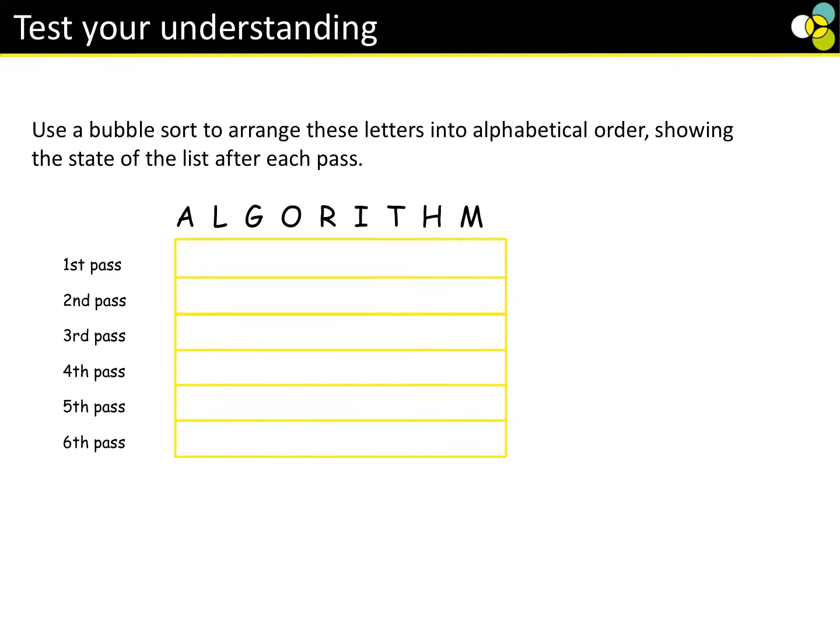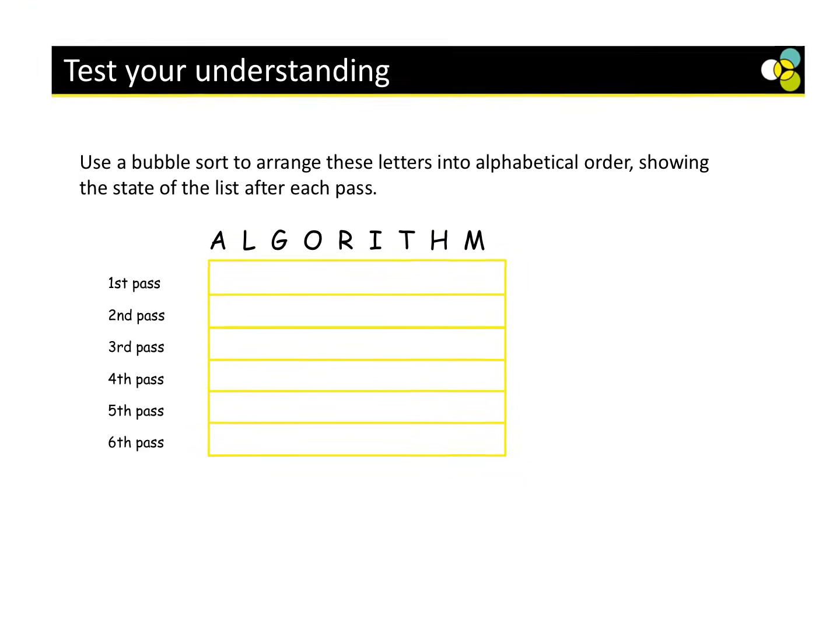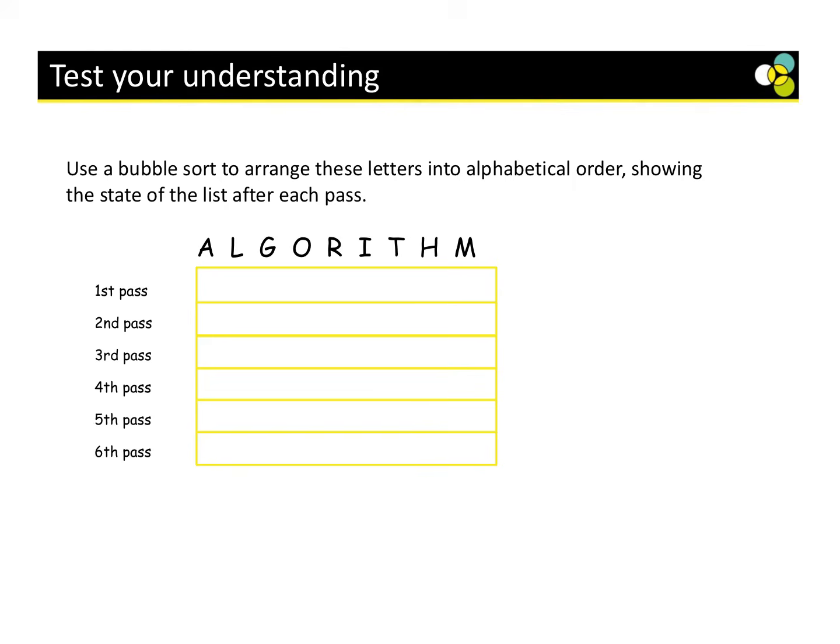Perfect. Okay, guys, test your understanding. You want to put this in alphabetical order. Okay, I'm going to give you 3 minutes. Off you go. Okay, so after the first pass, we think A and L. We know that A is the first letter anyway. Okay, L, G. Well, G comes before L in the alphabet, so I would swap that.